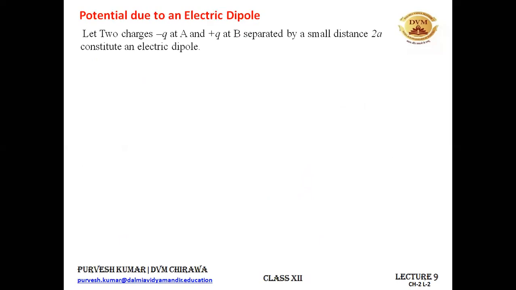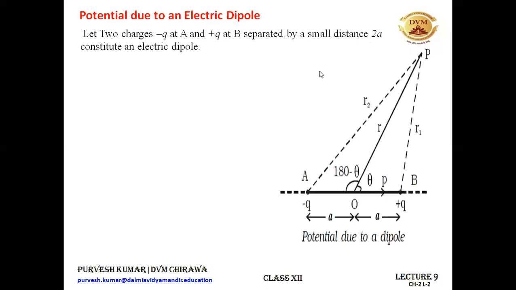So we have two charges, minus q placed at a point A and plus q placed at a point B, and they are separated by a very small distance 2a. And they are making our electric dipole like this. You can see it. At A, minus q is present, and at B, plus q is present, and O is the midpoint of this dipole. The distance between A and B is 2a. That is what is given to us.